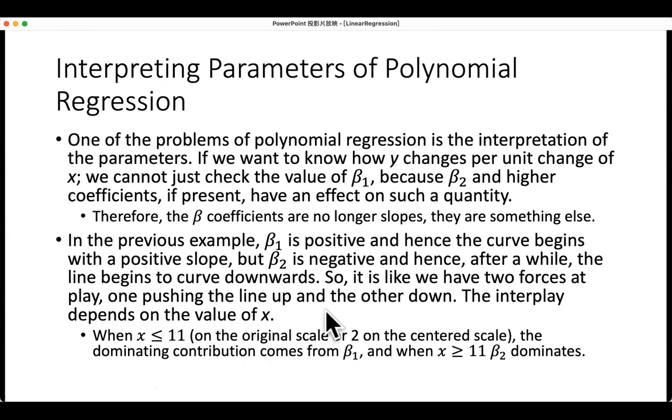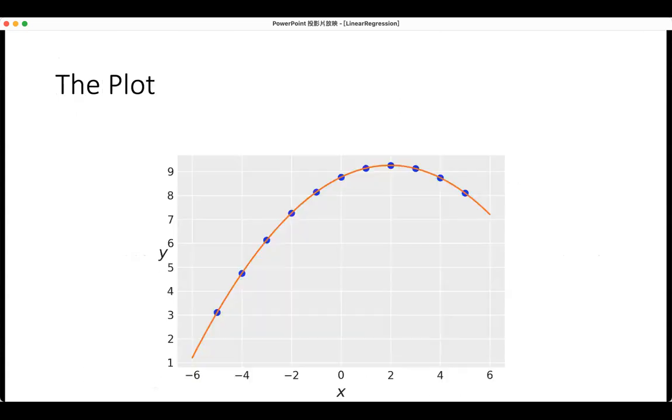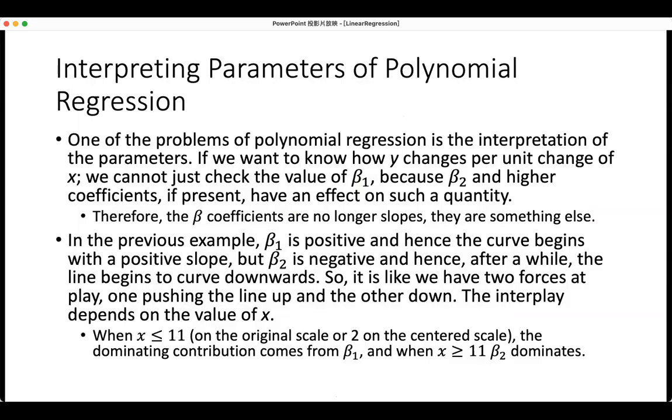From about -6 to 11, all the points will have a positive y value. But when x is greater than 11, beta 2 dominates. Because beta 2 is negative, we keep going down.